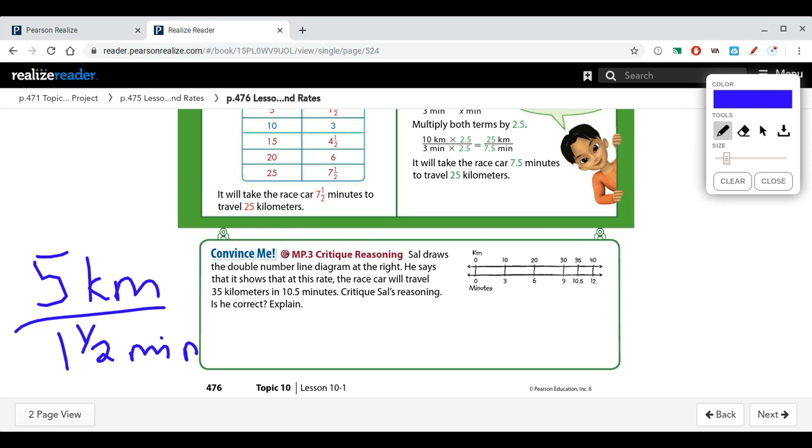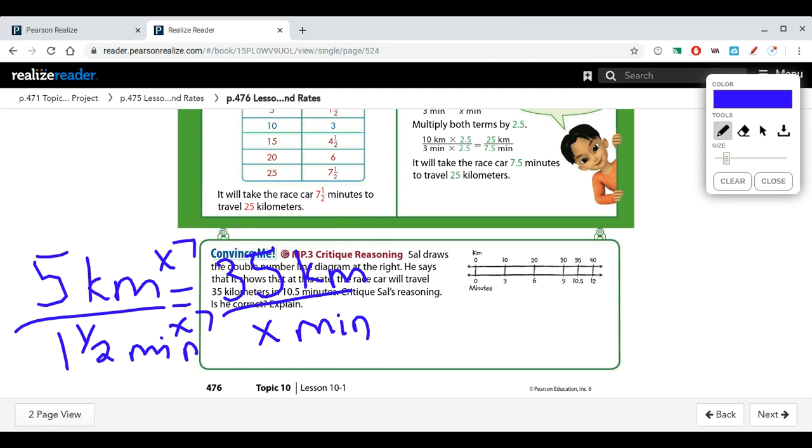If I need 35 kilometers, I want to know how many minutes it is going to take me. Here I multiply by 7, and we know that in fraction world, whatever I do to the numerator, I have to do to the denominator to keep it balanced.